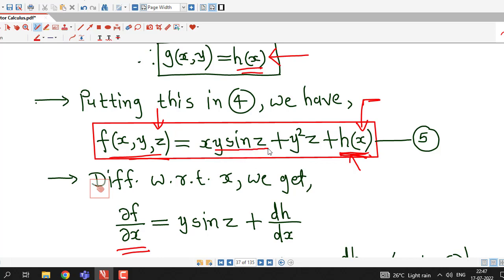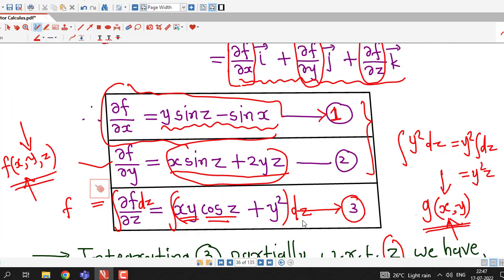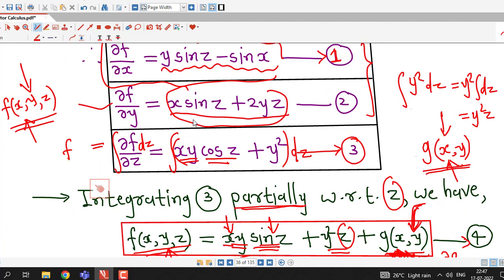Here y sin z is constant, and the derivative of x is 1. This term is independent of x, so its derivative is 0, and this is a function of x only, therefore we write an ordinary derivative here, dh by dx. And now we put the value of del f by del x from equation 1, which is y sin z minus sin x.